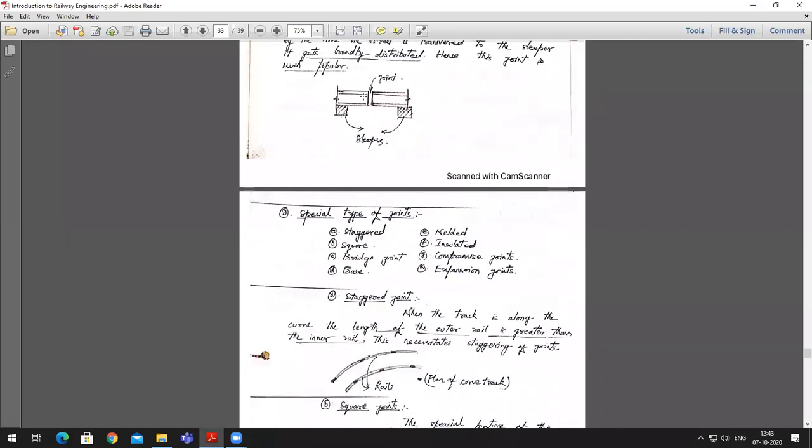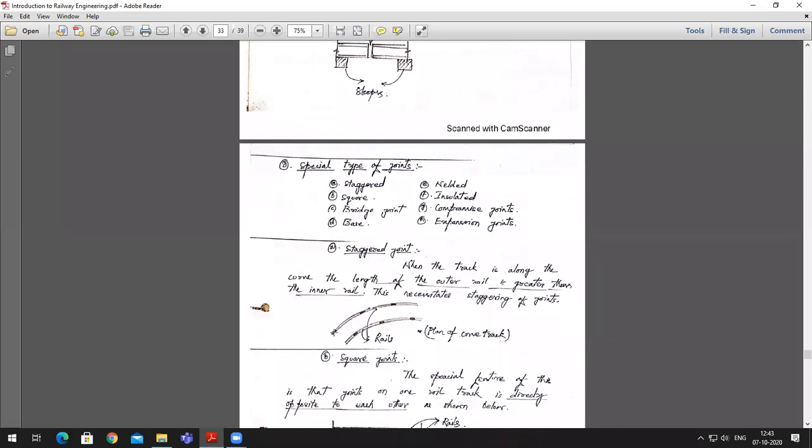Now these kinds of joints might be supported or suspended ones, but they are placed in a staggered pattern like this. Two rails are joined at this point, then the next joint would be here, the next joint would be here, and so on. But on the inner side, just between these two joints which you have given on the outer rail, you will be placing the joint in the inner rail.